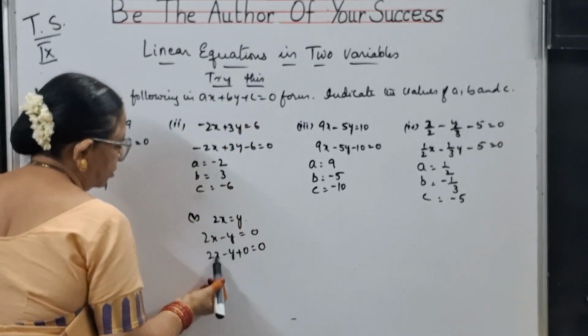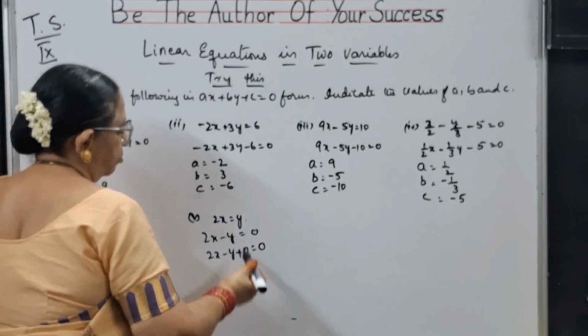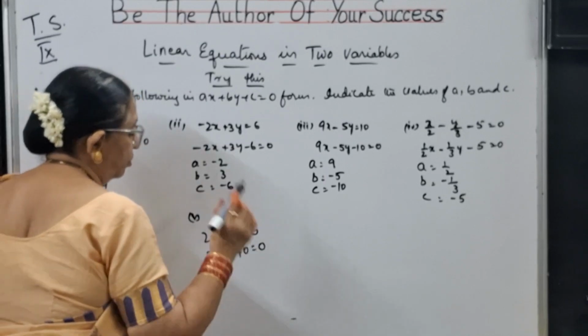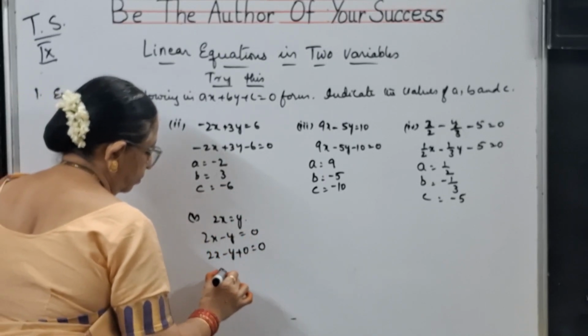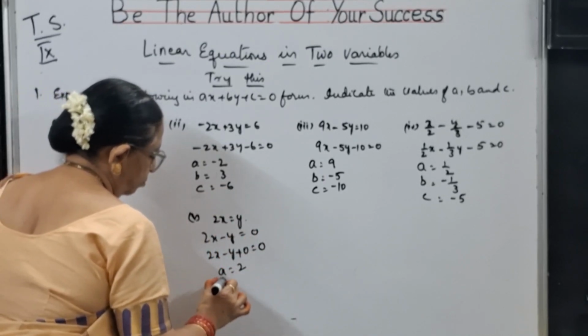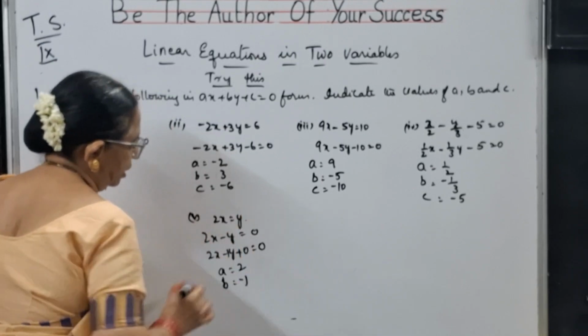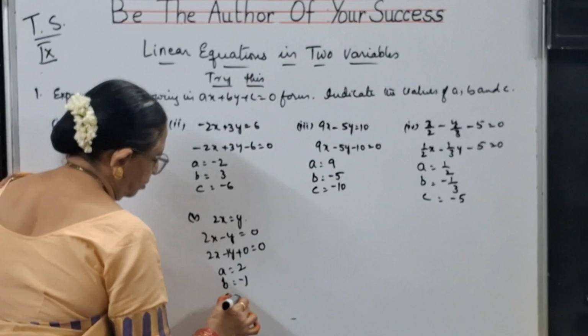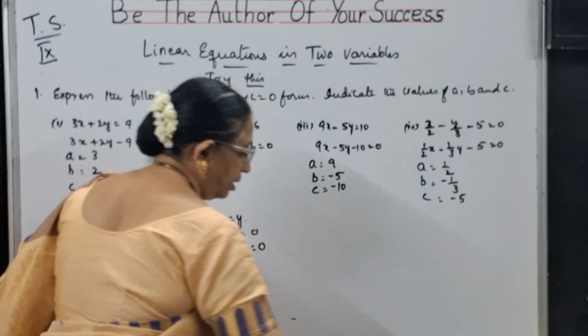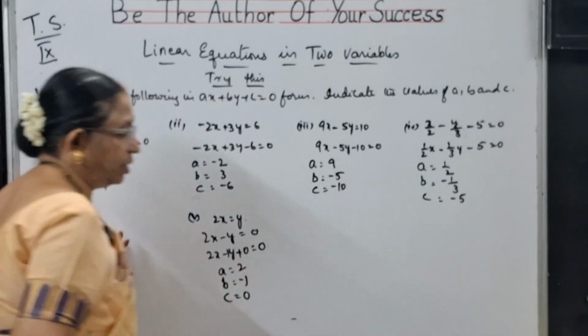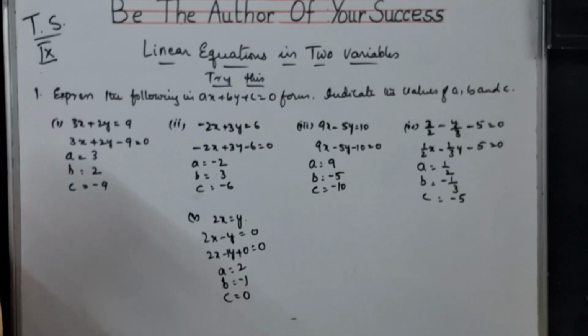You have got x, you have got y values, but c is not there. So we are keeping it as 0. So a is equal to 2, b is equal to minus 1, this is nothing but 1y, then c is equal to 0. These are the answers of this problem, children. Please note it down.